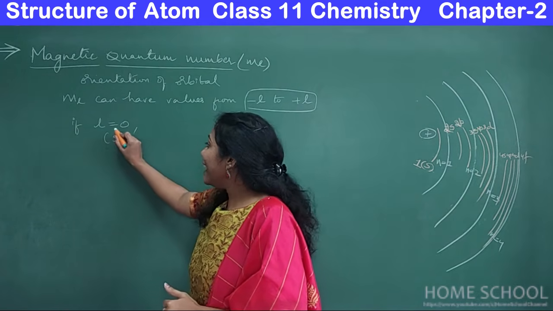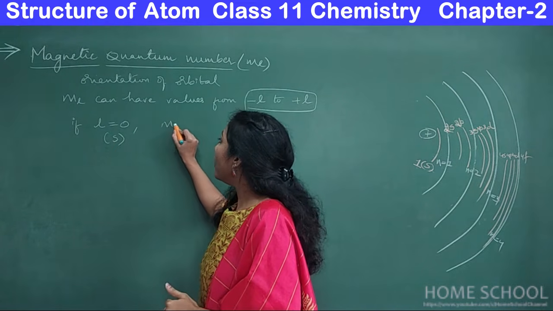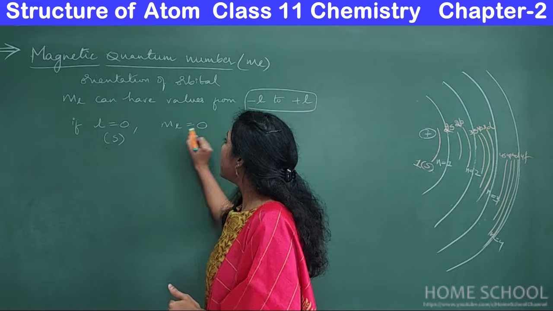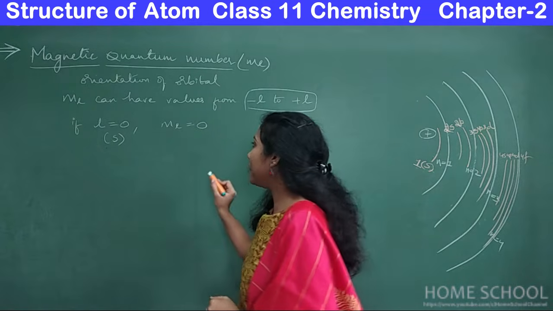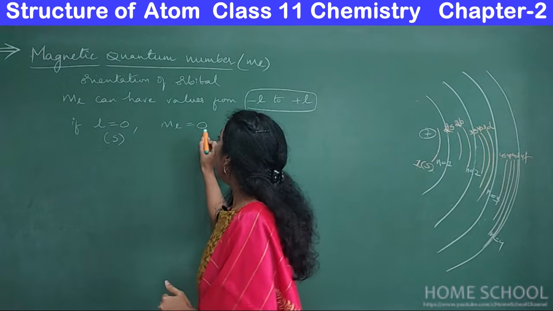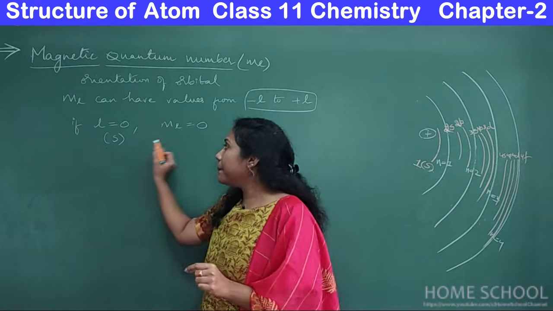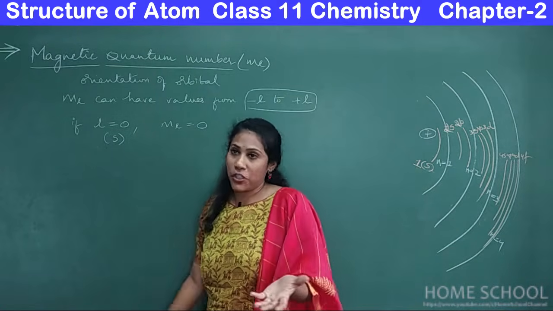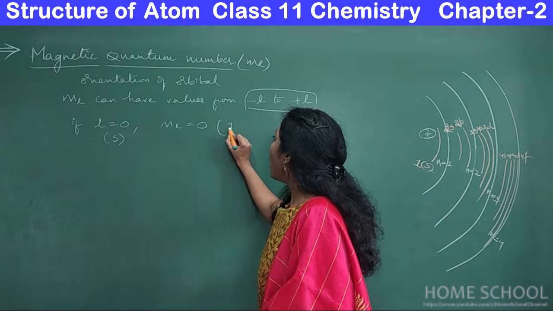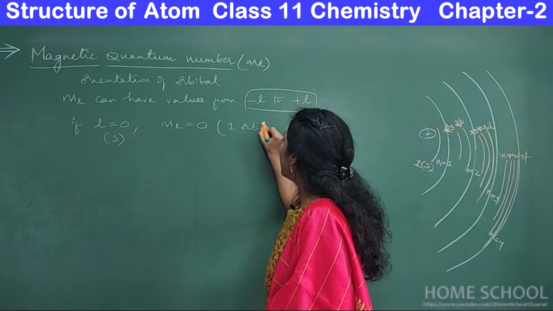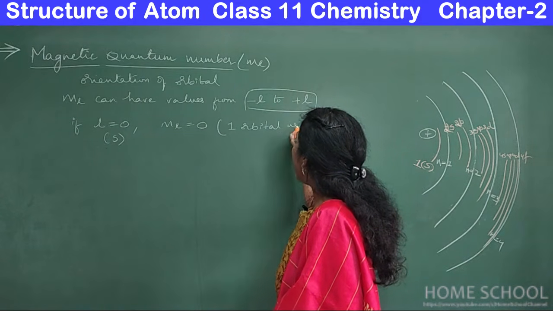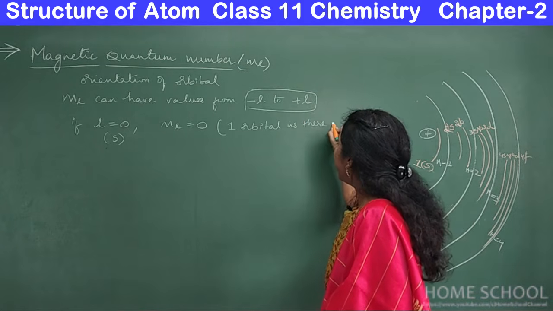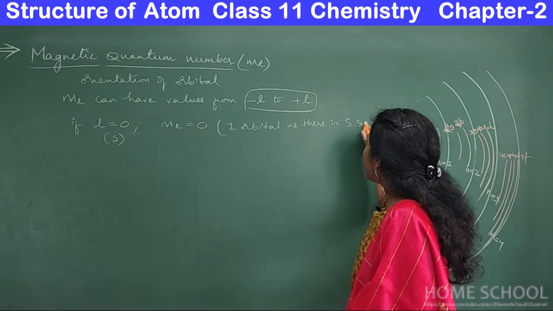So when L is equal to 0, ml value is also 0 only. That means only one orbital is possible for the s subshell. One orbital is there in the s subshell.